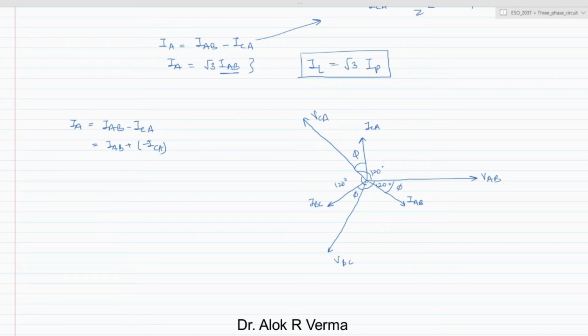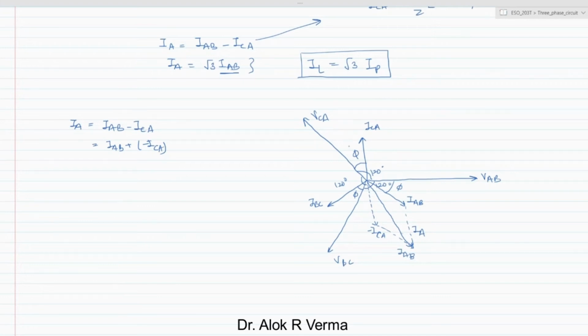So ICA is this one, so minus of ICA will be here. Okay, and then you have to add this. So this is IAB, and this is minus I of CA. Now when you add, this is the current. This is nothing but I of A.